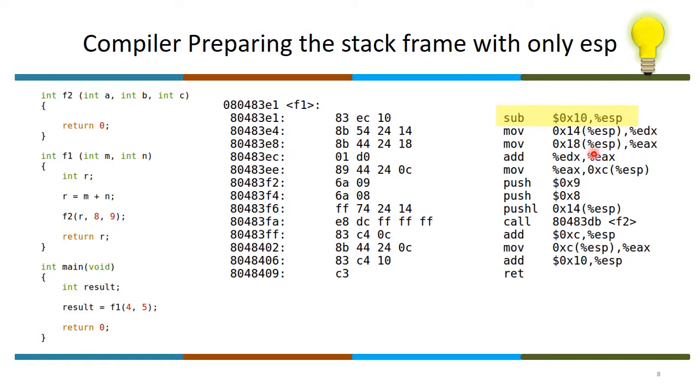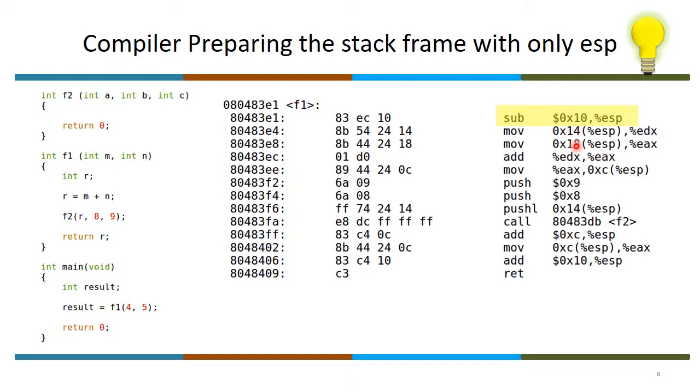In the next slide you will be getting more with the pictorial representation. Again here, the next variable n is accessed through ESP. ESP plus 18, you are moving the value to the EAX, right?